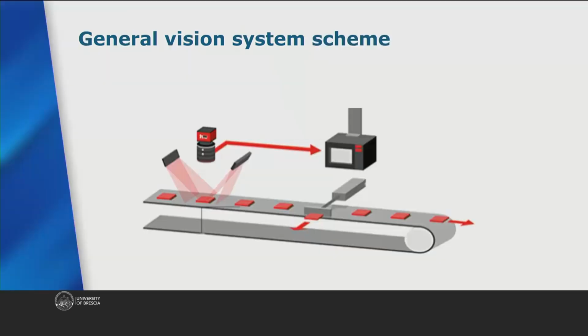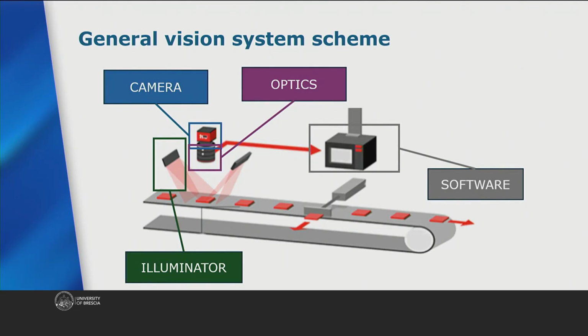Going into more detail, a vision system generally consists of 4 elements, each with its own specific function. There is the camera onto which optics are mounted. Then there is usually an illumination system, and finally a software system for image analysis to extract the actual measurement.